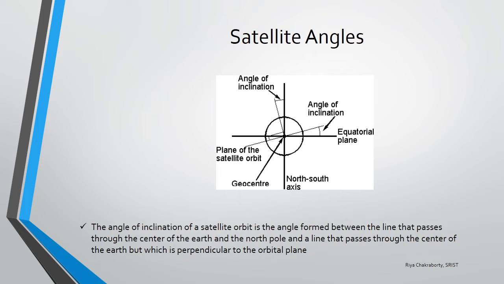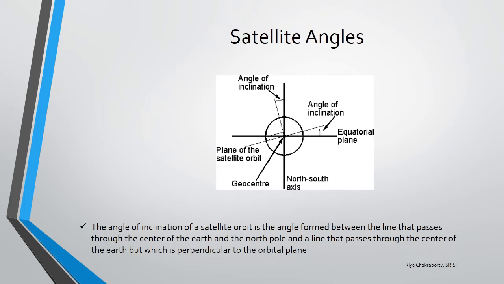The angle of inclination of a satellite orbit is the angle you see in this diagram, formed between the line that passes through the center of the earth and the north pole, and another line that passes through the center of the earth but is perpendicular to the orbital plane.